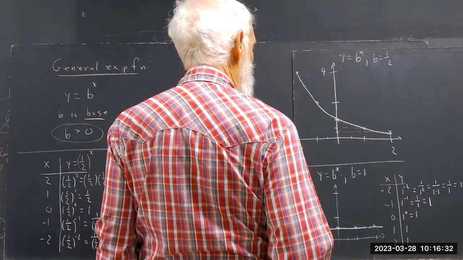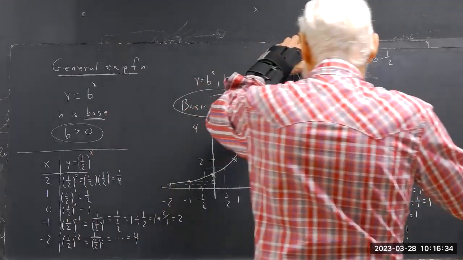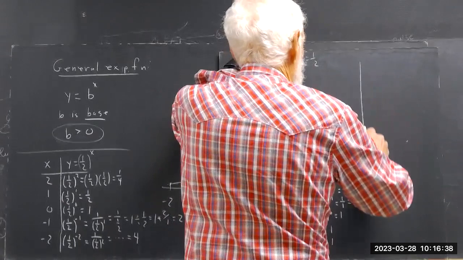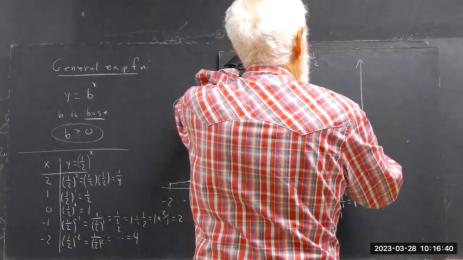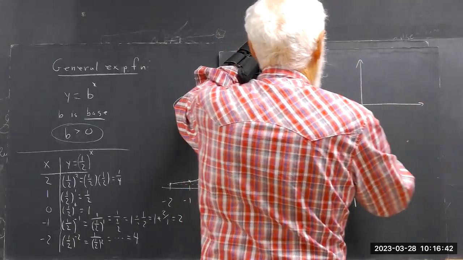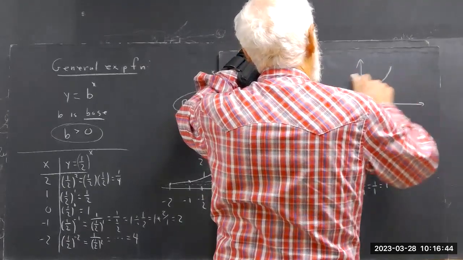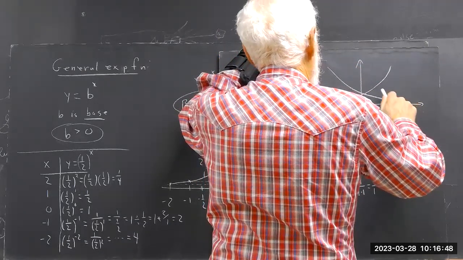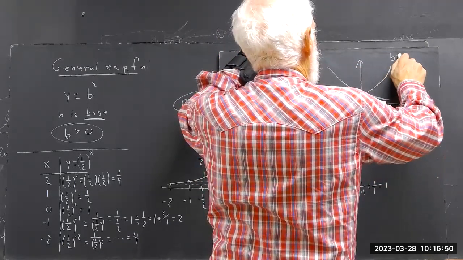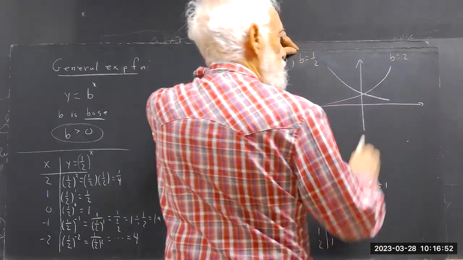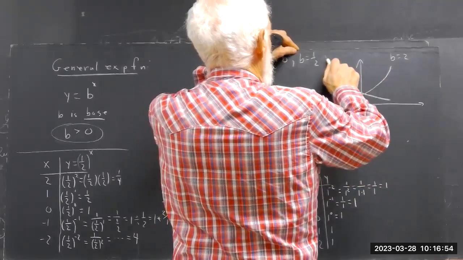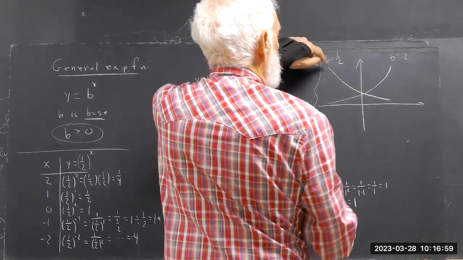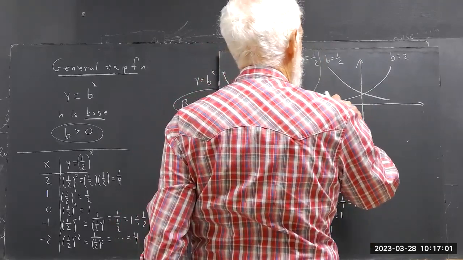Okay, so you're going to see this graph. Read your text, without drawing all the details. Here's your graph of b equals 2. Here's your graph of b equals 1/2.